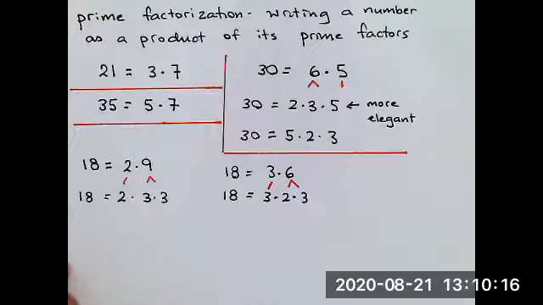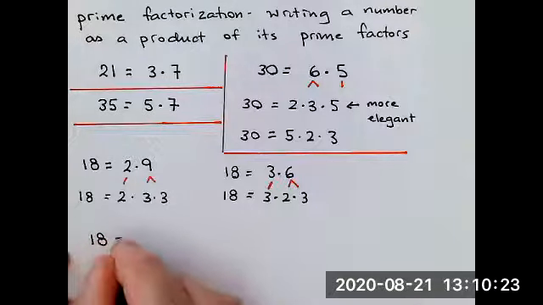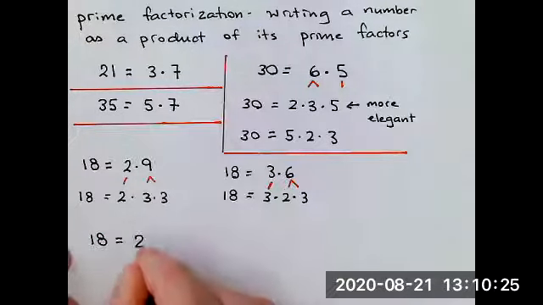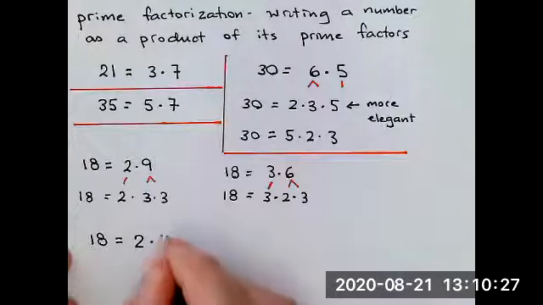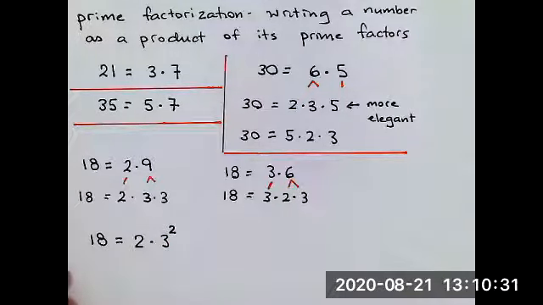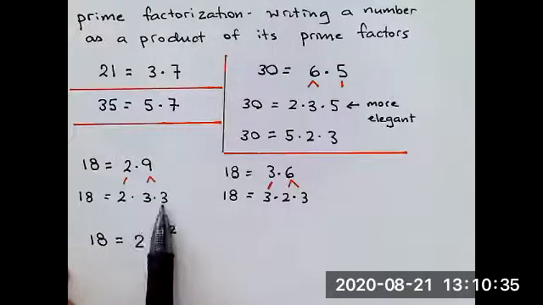And the answer would be yes. And then if you wanted to write it in the most elegant possible way, and I know you do, that's the goal of every mathematician, to make their answer as elegant as possible. If you have a prime that's repeated, you can write it with an exponent.